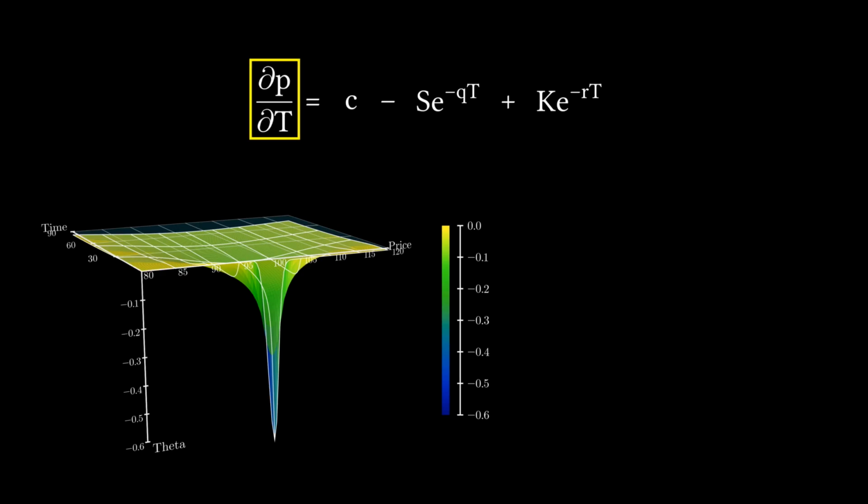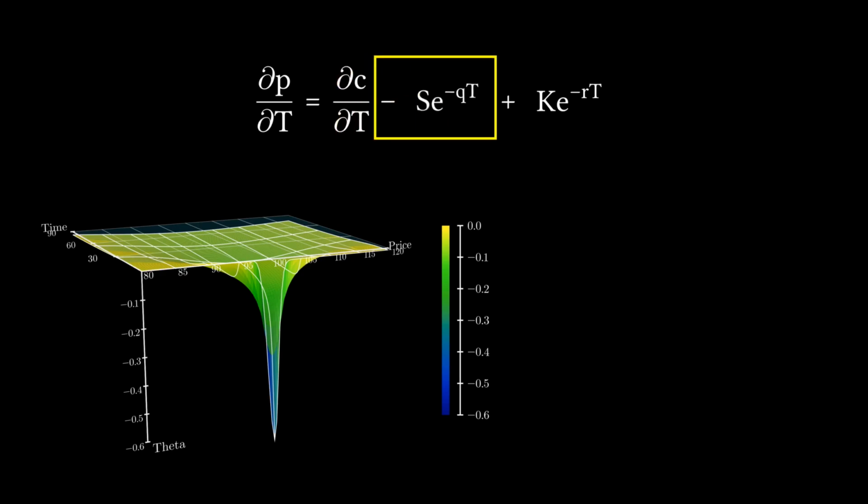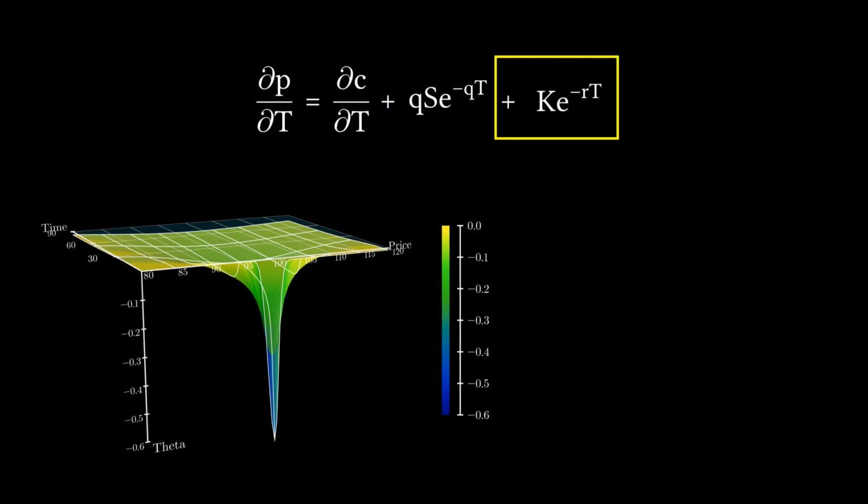The left side becomes the theta of a put option, while the right side becomes the theta of a call option. Since we're differentiating with respect to t, the dividend, -q, and interest rate, -r, hop down in front of the exponential e. Wait, we didn't get to the result where the theta of a call equals the theta of a put. What gives?